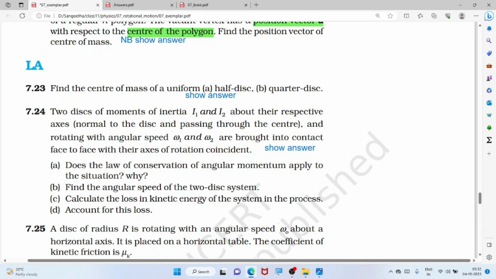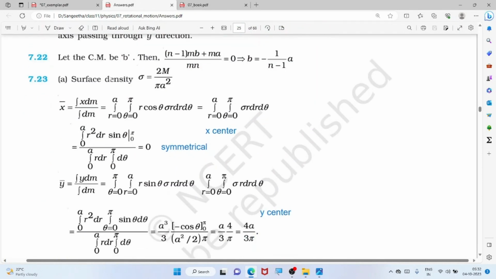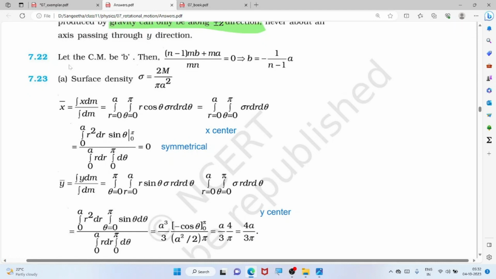Find the center of mass of the half disk and the quarter disk. The density of the disk times the area will give the mass. For the half disk, they are integrating from 0 to pi.